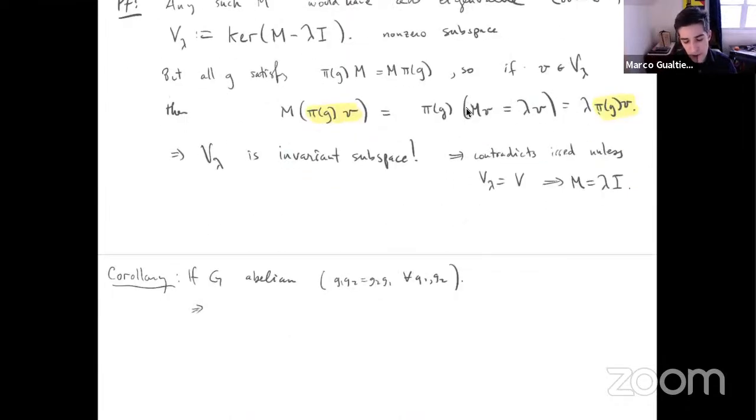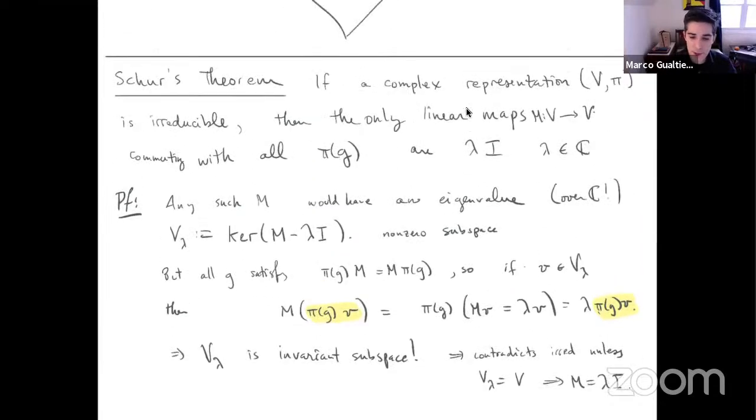This implies by the property of representations that pi of G1 pi of G2 is equal to pi of G2 pi of G1 for all G1, G2. So if the group commutes, then the matrices that represent those group elements must commute. And therefore, we've got a whole bunch of matrices that commute with all of the pi g. Namely, each one of the pi g's is a matrix that commutes with all the other pi g's.